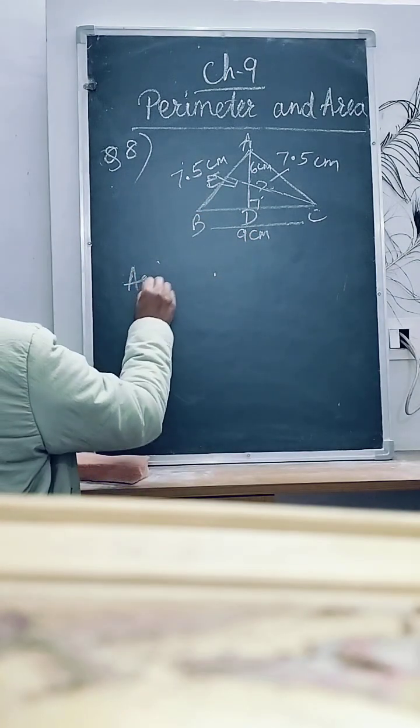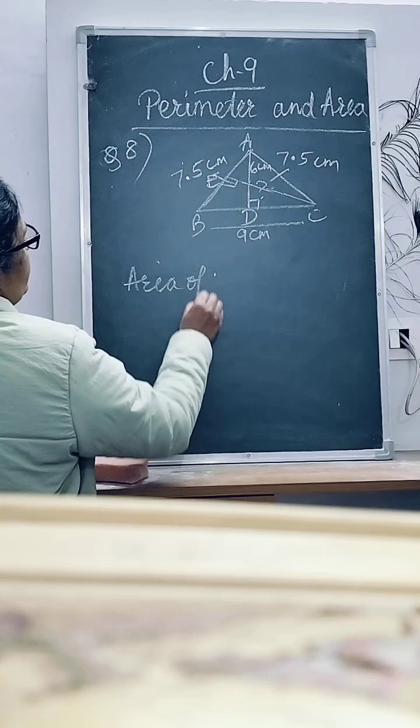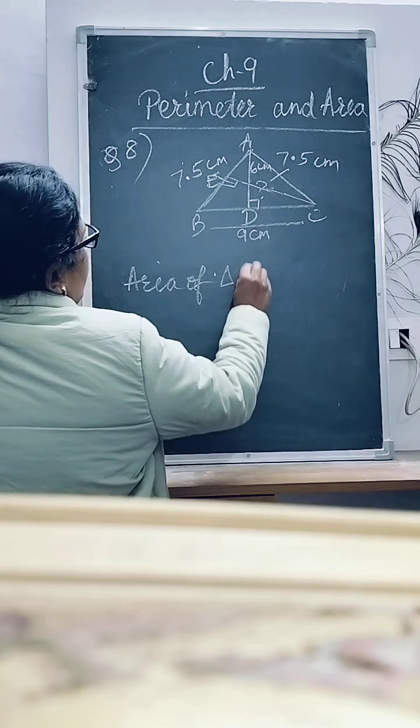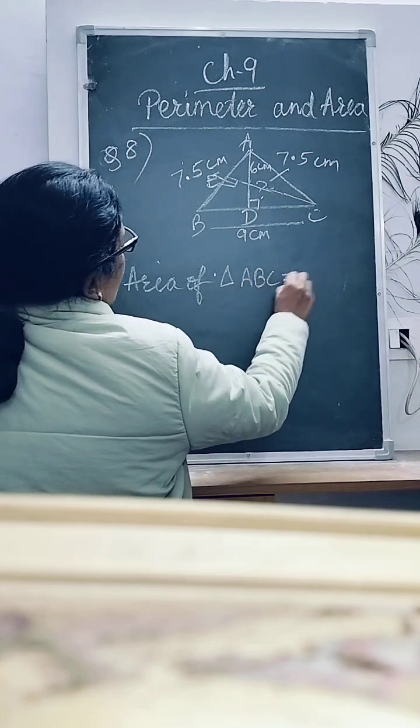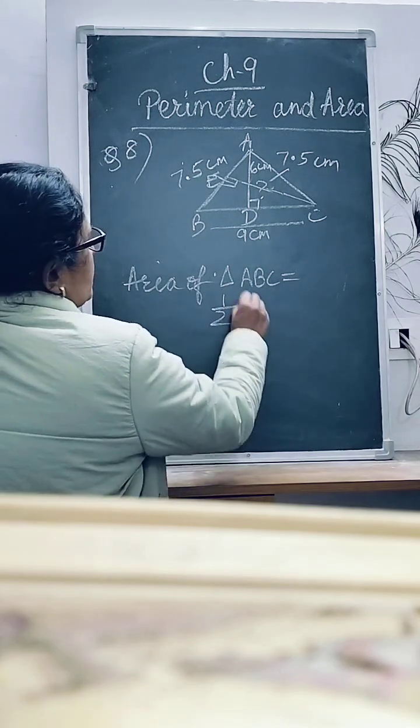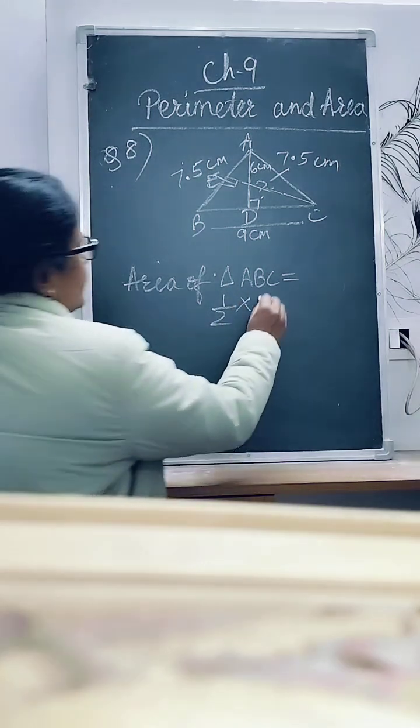After this you will write area of triangle ABC, as we are dealing with the area of a triangle. As you know, area of a triangle is half of the area of a parallelogram, and the area of a parallelogram is base into height.